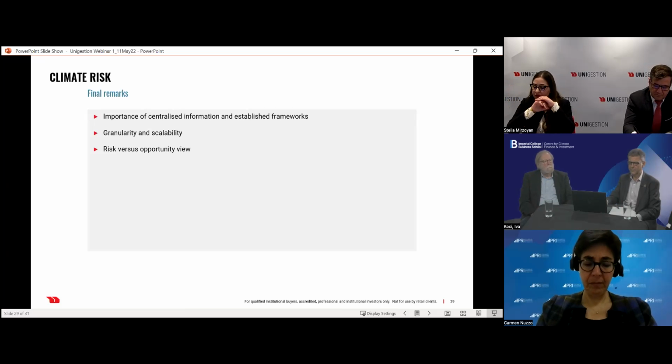However, I think we should also be aware that our sector can support the transition to a low carbon economy via shifting capital flows. So via issuing sustainable financial products, we can shift capital to climate resilient activities and to finance technologies that can help us curtail emissions and reduce the impact of climate change. So while it's important to consider the risk side of things, I think it's also important to look at how we can improve the state of the world.